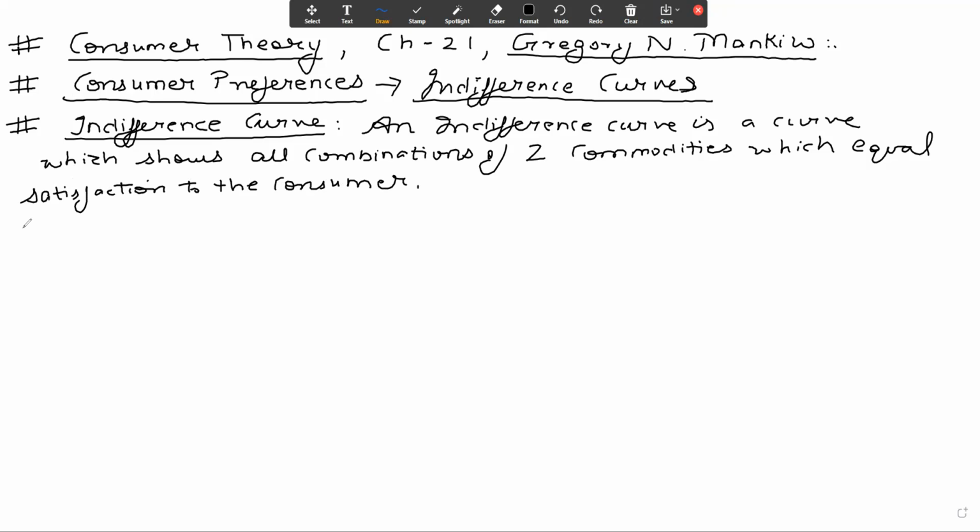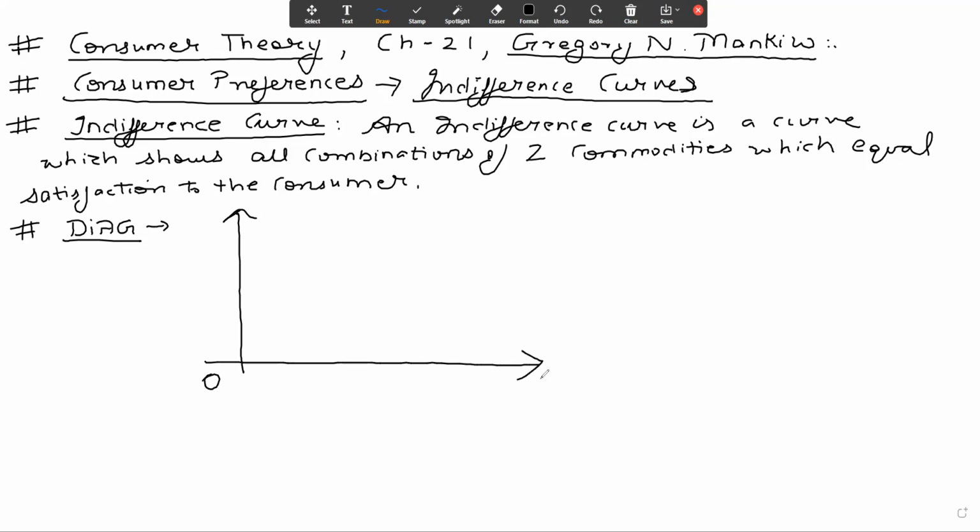Okay, so if I quickly draw the diagram, let's draw the diagram for the indifference curve. So this is my origin. Then we have good X or commodity X on the horizontal axis, and we have commodity Y on the vertical axis.